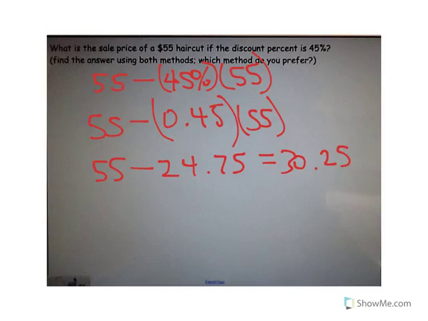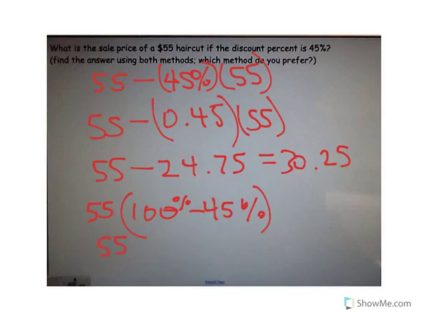So the other way of doing it is 55 times 100 minus 45, because now you're just paying, and that's in percent. Don't forget it's in the percent piece here.